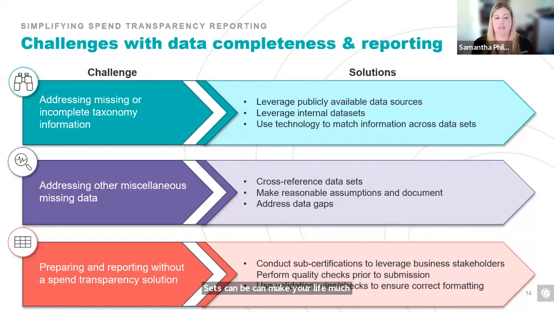And then we often use tech on simple solutions, right? Like index matches, VLOOKUPs, fuzzy matching to match information across data sets.